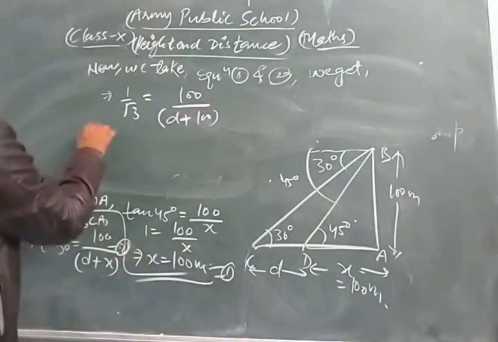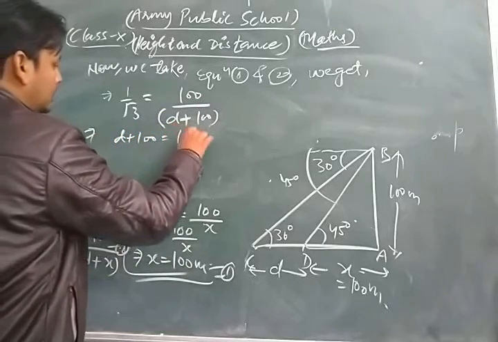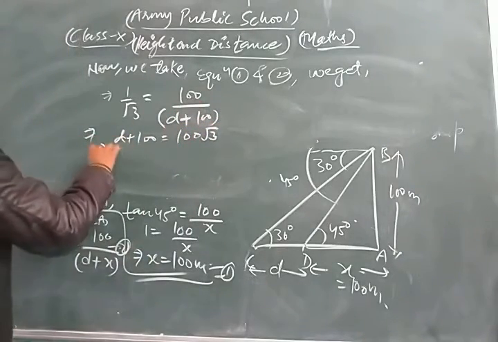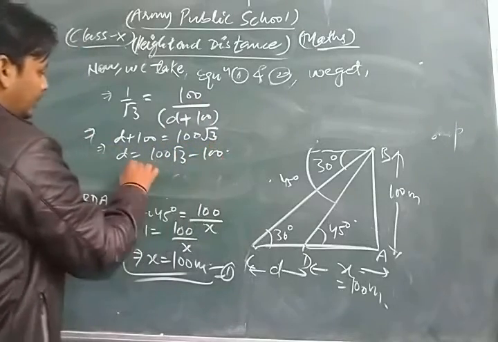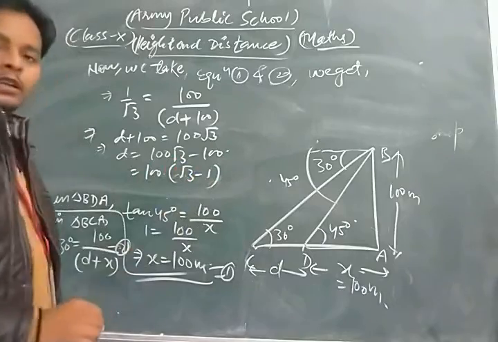Now we do cross multiplication. So D plus 100 is equal to 100 root 3. Now D is equal to 100 root 3 minus 100. We take 100 common, so 100 into root 3 minus 1.